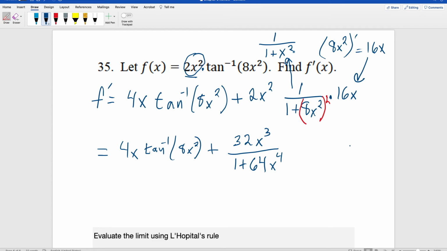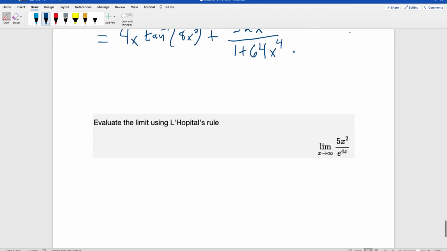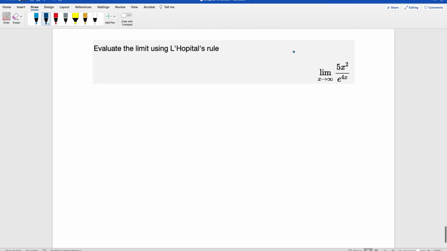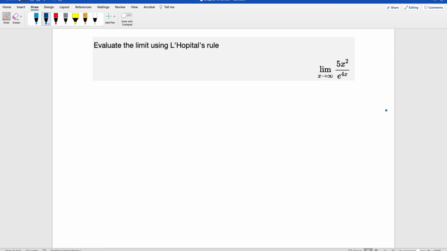Thank you, guys. All right, let's look at the last one, and then we'll adjourn to office hours for anyone who wants more. So this is using L'Hopital's rule. I took this one from the homework.